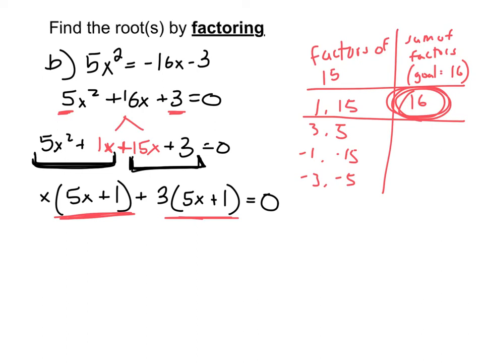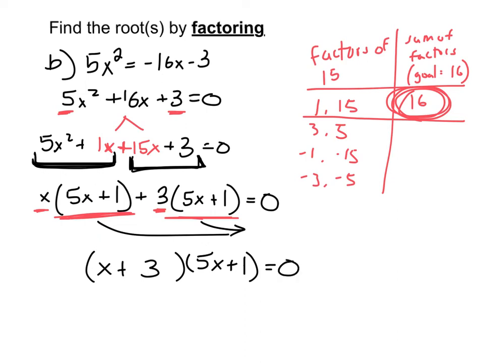So now you can pull them out. And so I'm going to pull them out to this side. So I'll have 5x plus 1 over here, and then what am I left with? I would need to multiply that 5x plus 1 by the leftover x and the leftover plus 3.